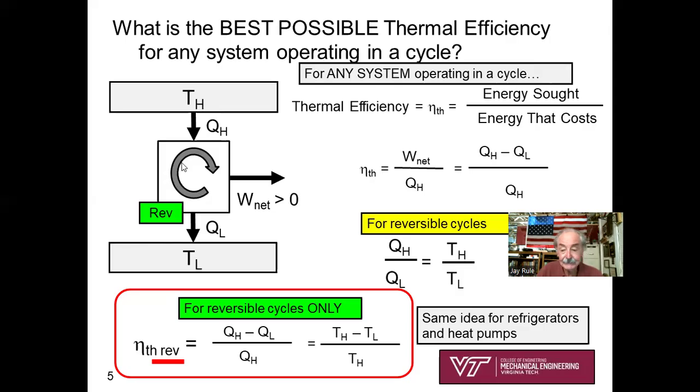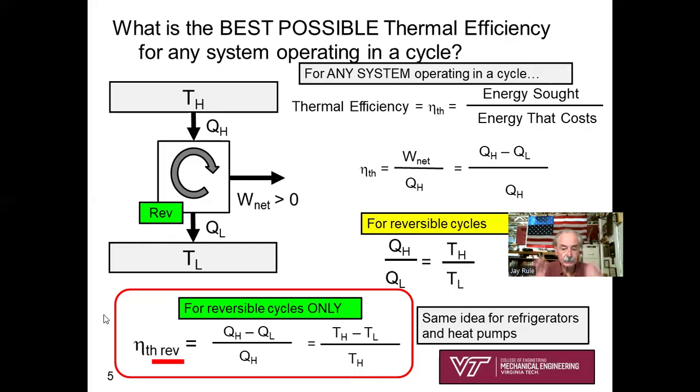For a system operating in a cycle reversibly, everything's reversible, no friction, no unrestrained expansion, no heat transfer across a finite delta T, the maximum possible thermal efficiency based on the second law, you can derive, is TH minus TL over TH.